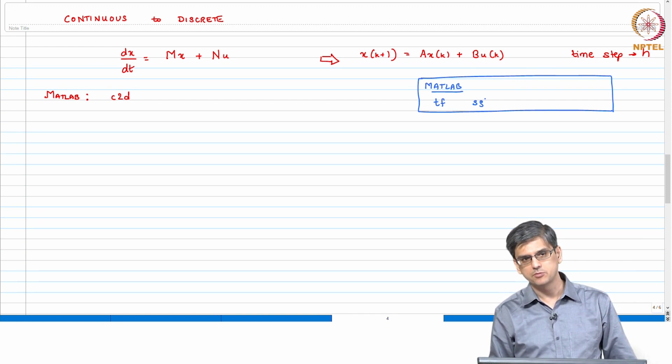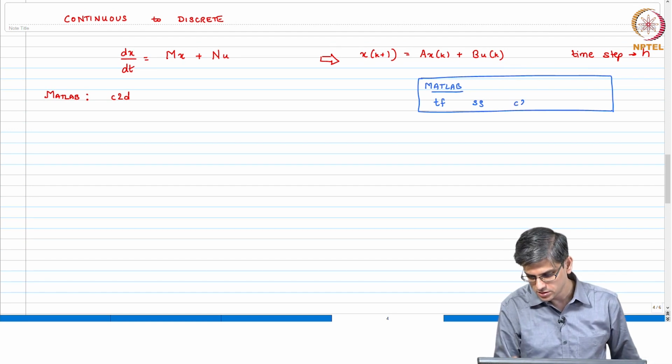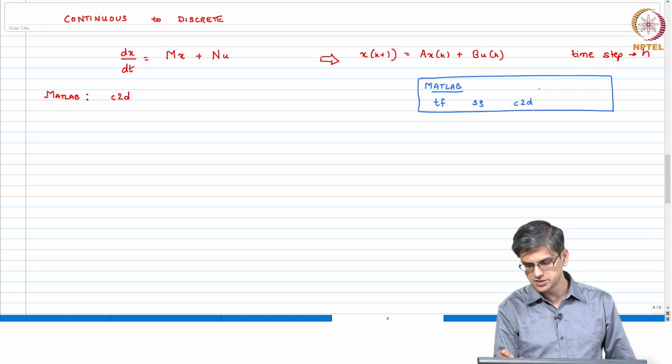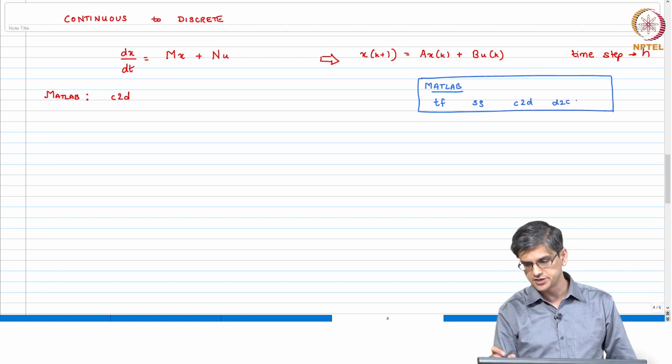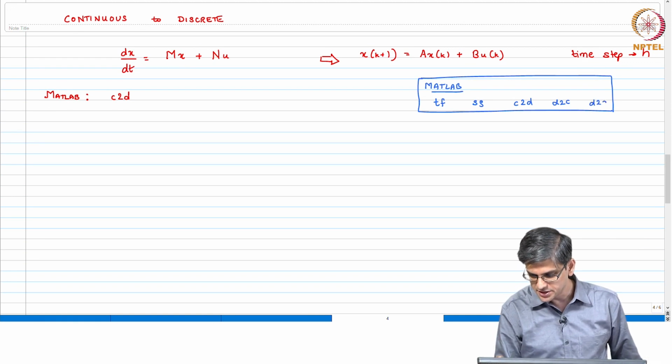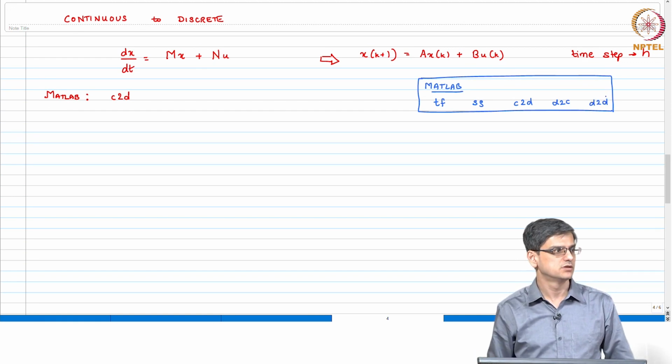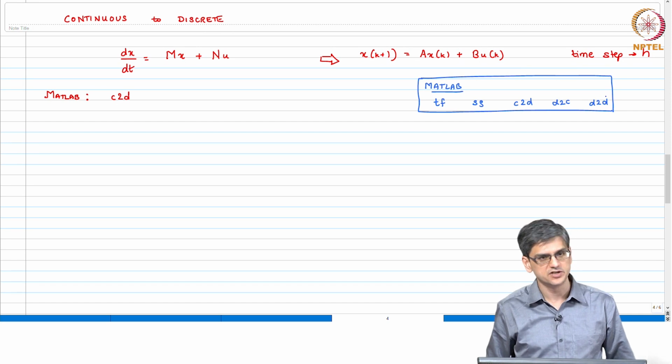Probably know that already, but in case you did not. C2D to convert from continuous to discrete, D2C to convert from discrete to continuous, D2D if you want to resample a discrete time model at a different frequency.